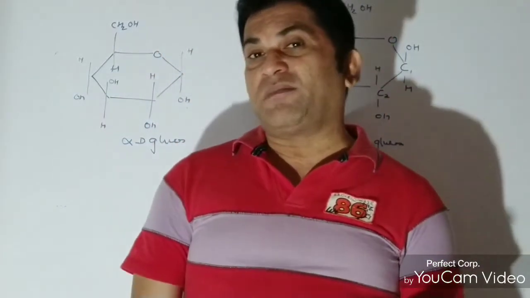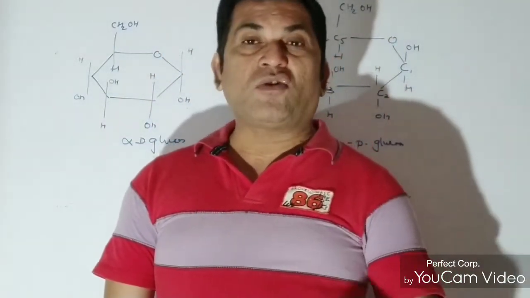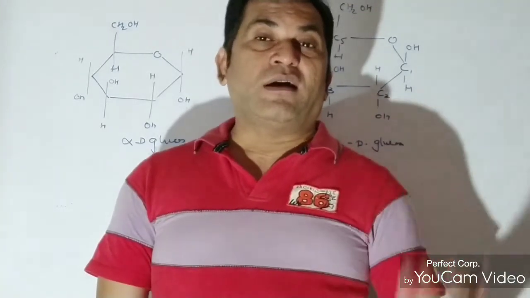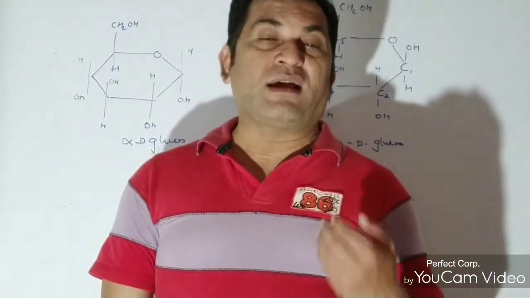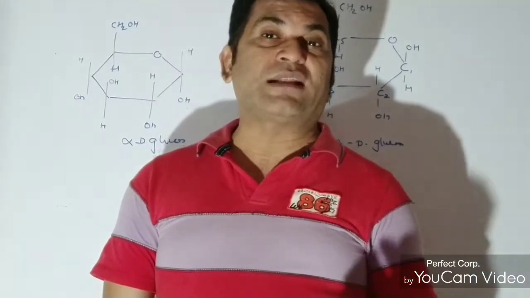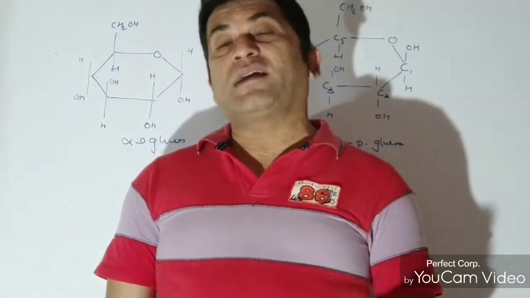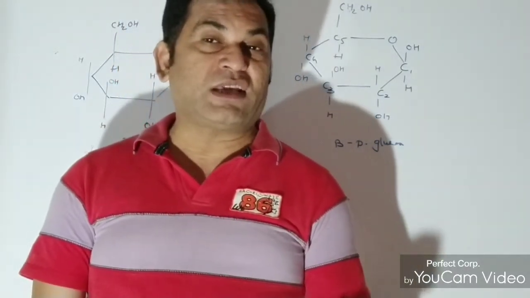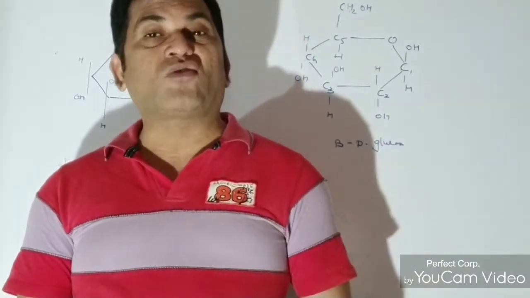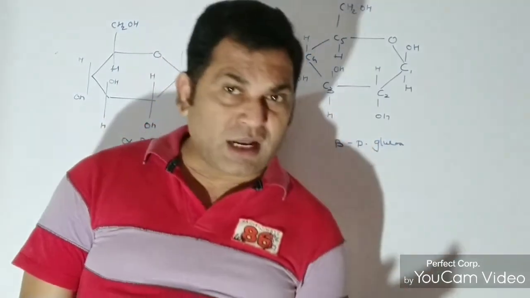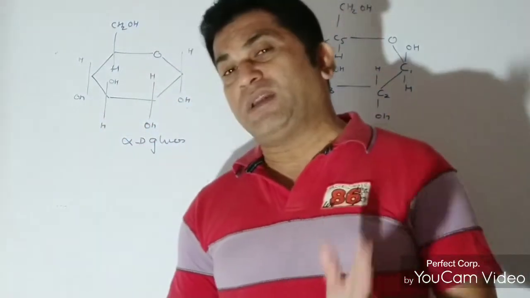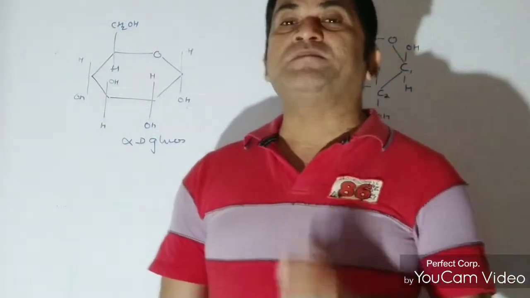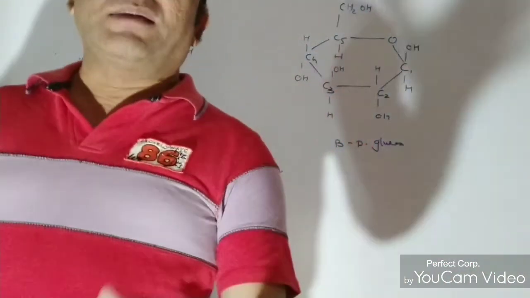Similarly, if the glucose solution is evaporated at 371 Kelvin and then crystallized out, we get crystals which melt at 423 Kelvin, known as beta glucose. So glucose has two more structures, alpha glucose and beta glucose, which were not explained by the simple structure.